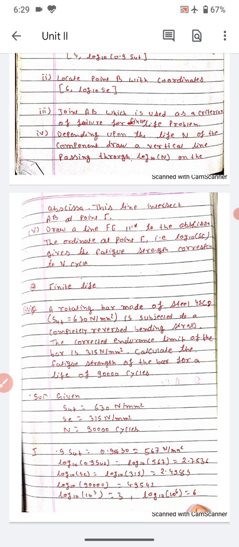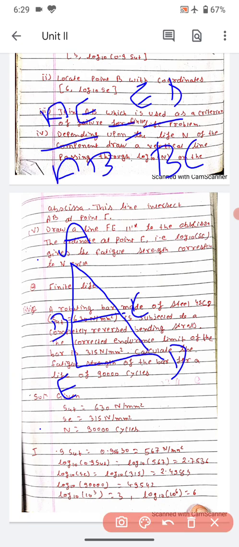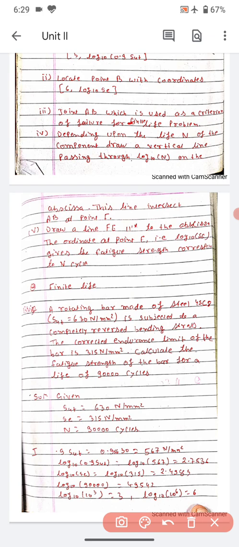Now SUT is 630 Newton per millimeter square, SE is 315 Newton per millimeter square, and N is 90,000 cycle.